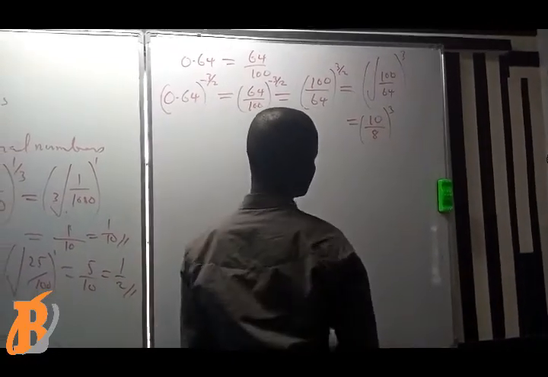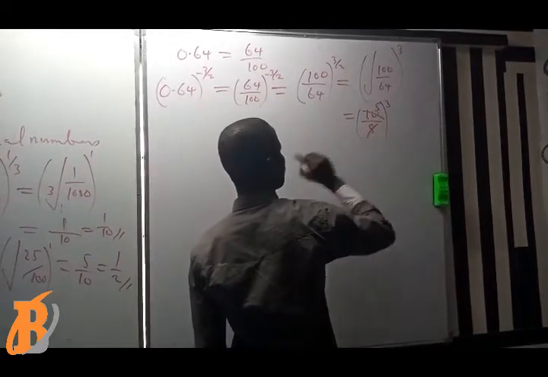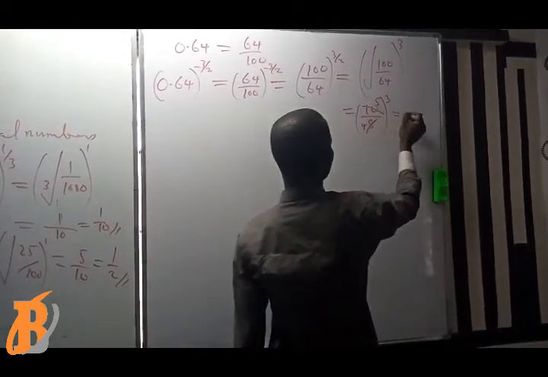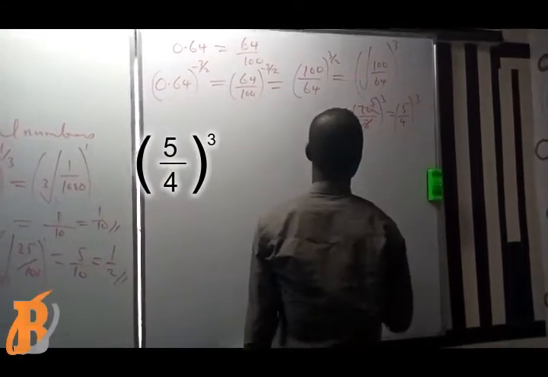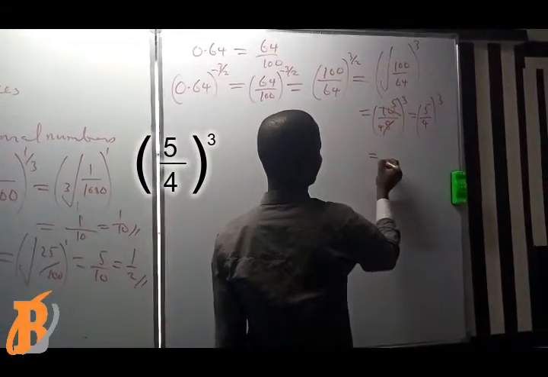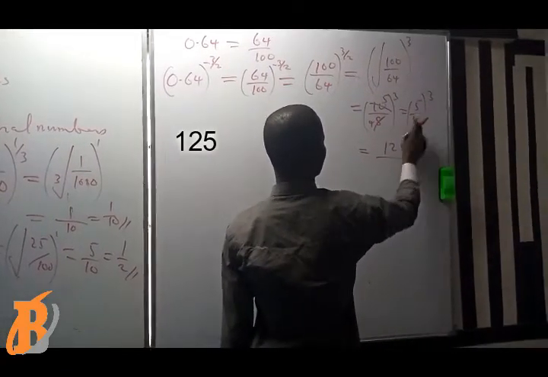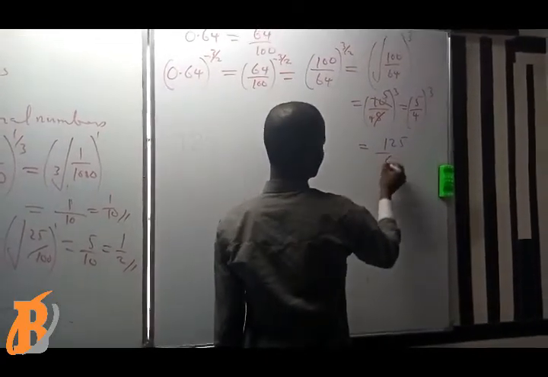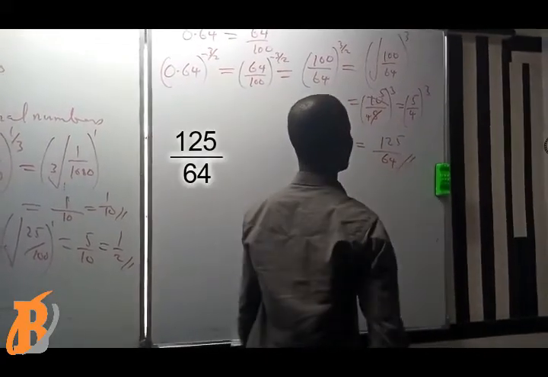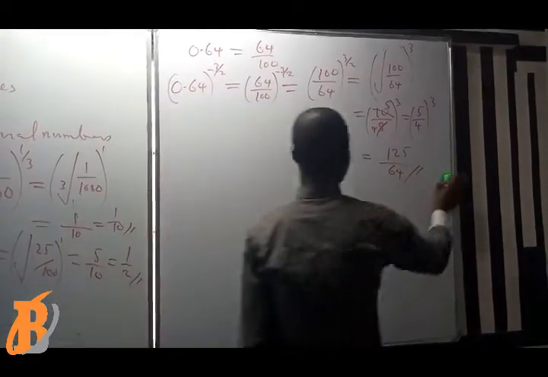Now you can reduce it to the lowest terms: 2 here 5, 2 here 4, equal to 5 over 4 to the power of 3. This 5 to the power of 3 is 125, and 4 to the power of 3 is 64. That's 125 over 64.